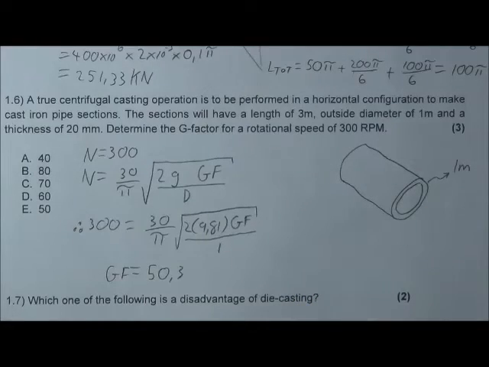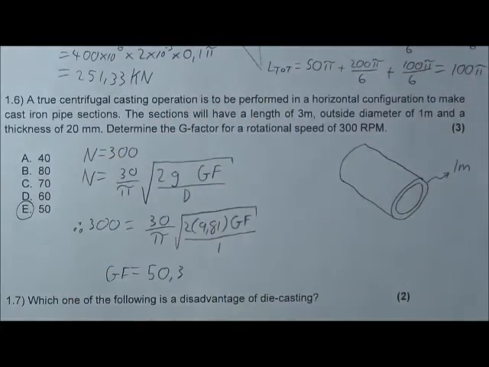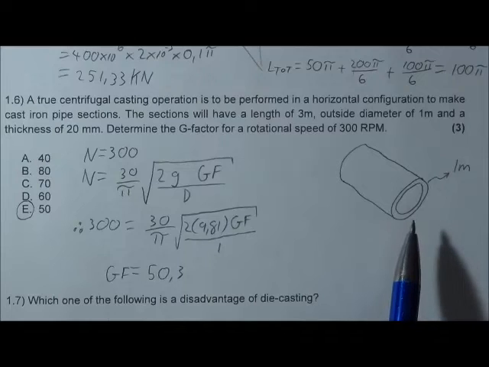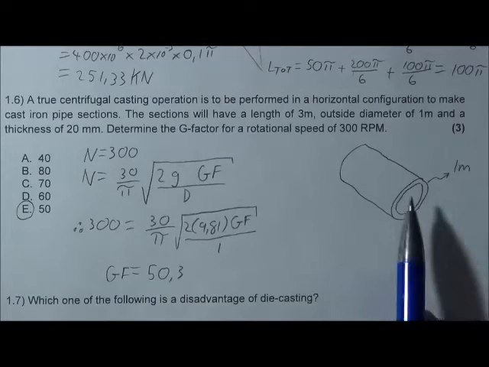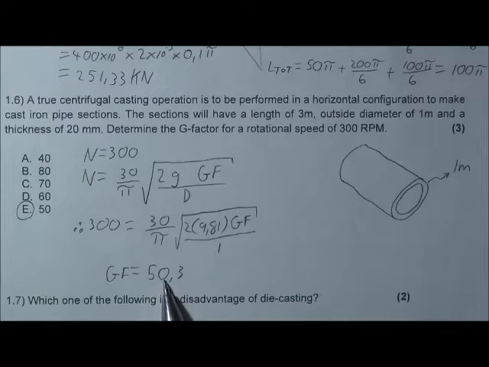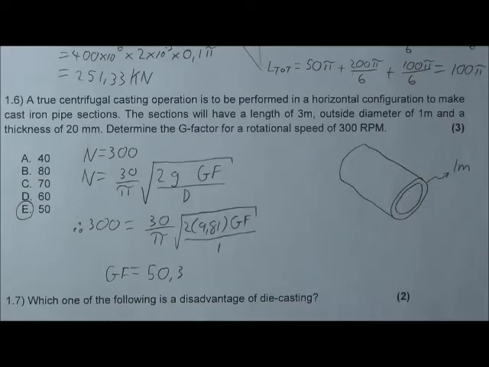So this G factor works out to 50.3, which is option E. Now the problem is, one thing to just remember with centrifugal casting, G factor must be between 70 and 80 or 60 and 80. So 50.3, although this is the answer to the problem, just remember that it would probably not be sufficient to successfully cast this pipe. But the answer was E50.